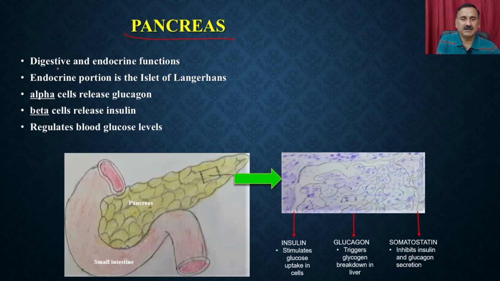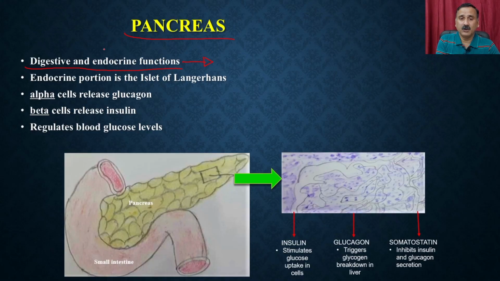Then we have the pancreas. The pancreas has digestive and endocrine functions, right. You remember that when we were talking about digestion, we said that the pancreas is going to release many types of digestive enzymes like pancreatic lipase, pancreatic amylase and so on, and that is going to participate in the digestion. Apart from that, it also releases different types of hormones, right.